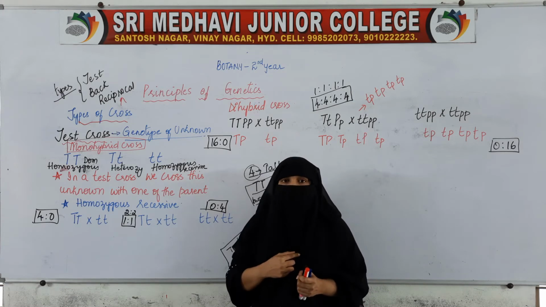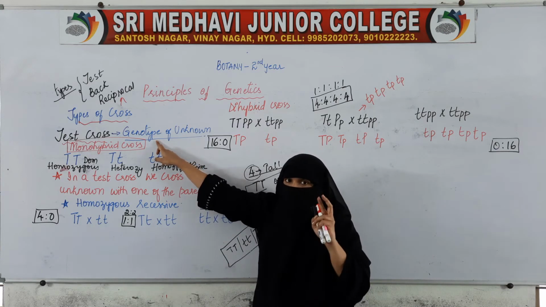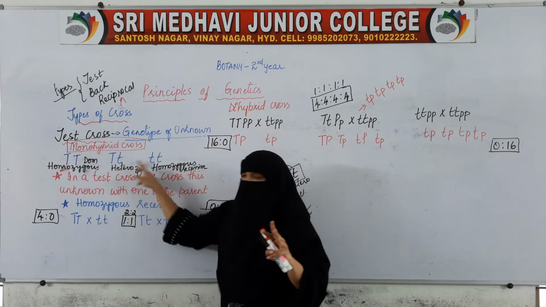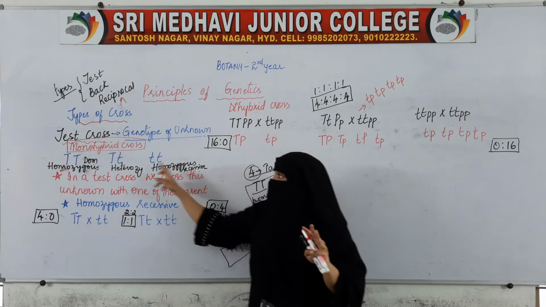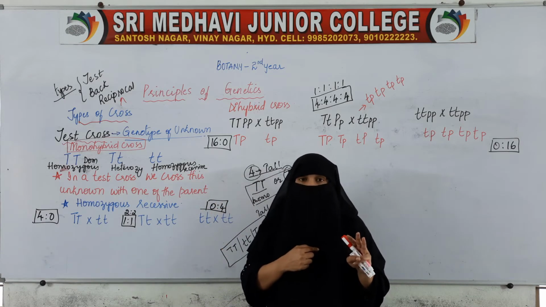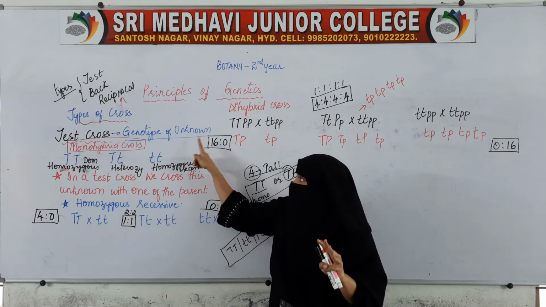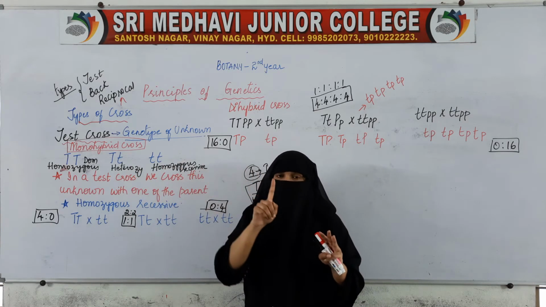We have to find out which one it is. So we are finding out the genotype. Possible genotypes can be three. Out of these three possible genotypes, which one is it?